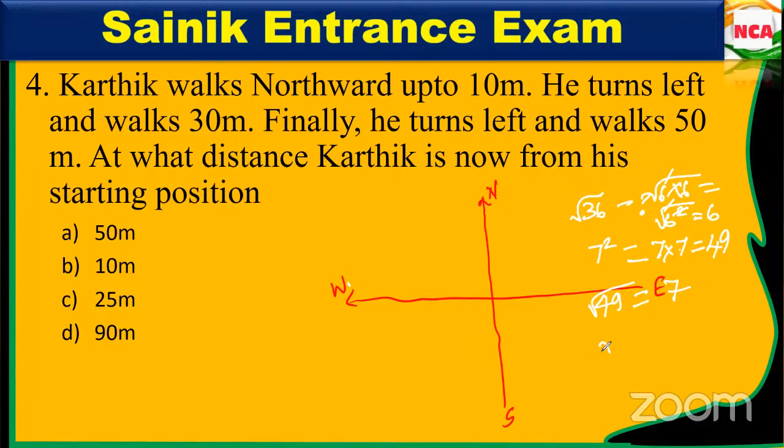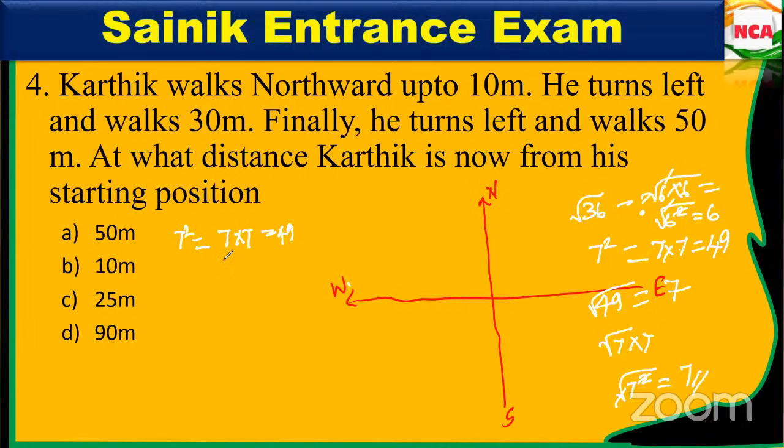Here also, root of 7 into 7 will be there. So how can we write the 7? 7 two times, so 7 squared, root of 7 squared. The root and the 2 will get cancelled. So we can write 7. Is this clear now? 7 squared is equal to 7 into 7, that is 49.